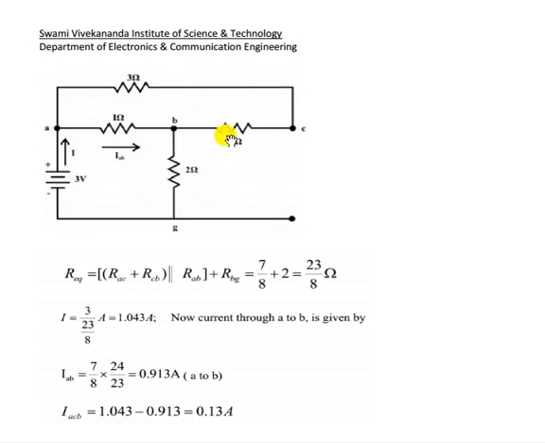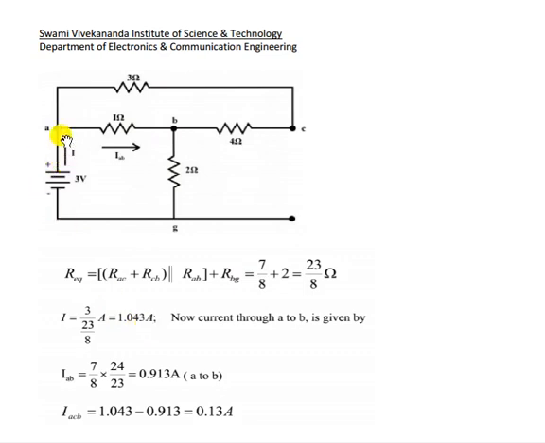That means 4 plus 3 is 7, parallel with 1, then plus 2. That is 7 parallel with 1, meaning 7 by 8, plus 2, so we got the R equivalent. Now if we have R equivalent, then I equals what? Nothing but voltage divided by R. So you got the current.